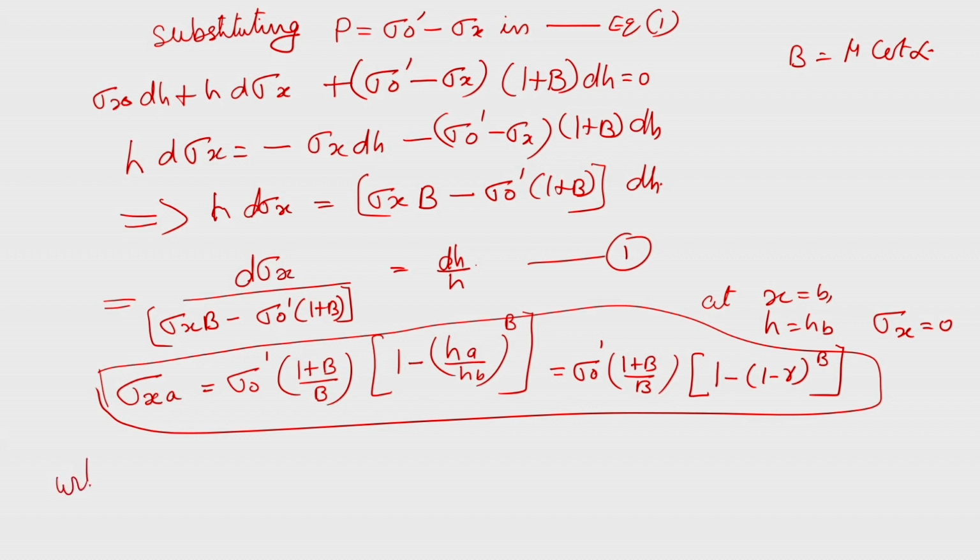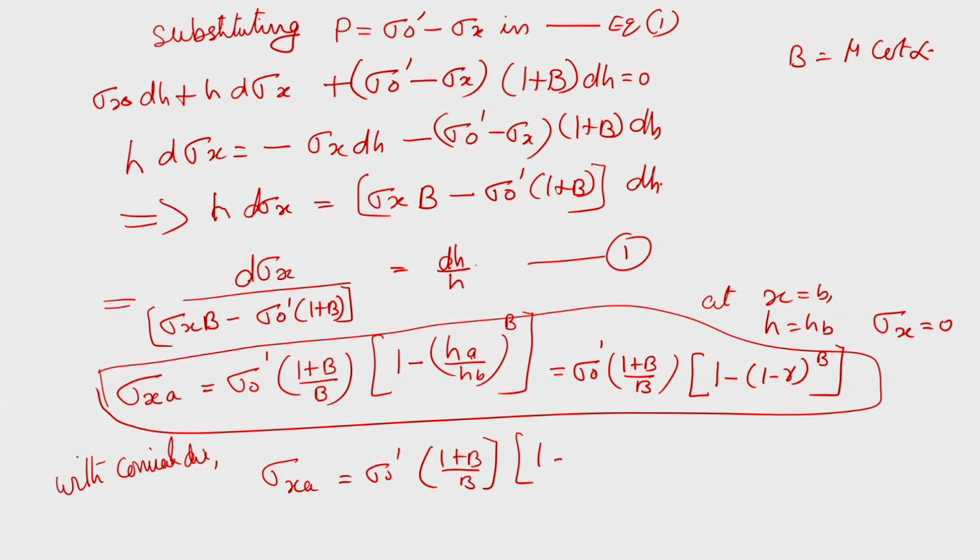So with the conical dies, you can get this relationship as sigma 0 dash into 1 plus b by b into 1 minus HA by HB in terms of diameter. If you take the cross sectional area, because here in the strip you are using a unit width, so if you take the actual cross sectional area, this height can be reduced.